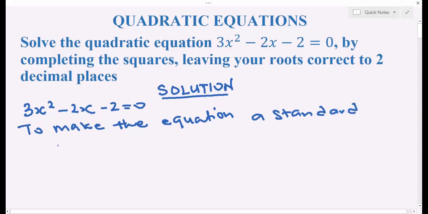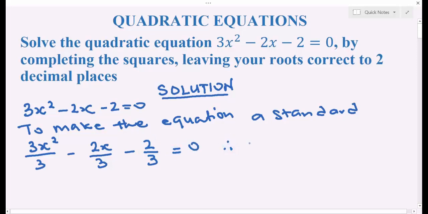How do we make this? We make sure that the coefficient of x squared is unity, so we divide through by 3. This will give us 3x squared over 3 minus 2x over 3 minus 2 over 3, which is equal to 0.